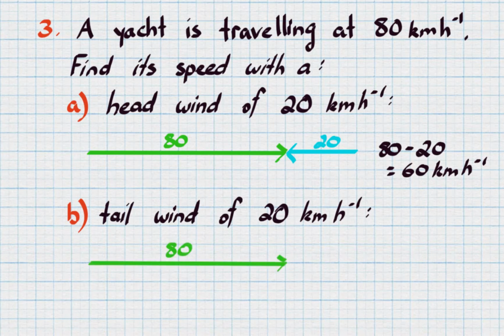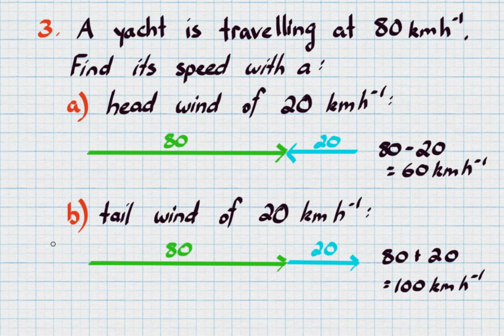So once again, here's our 80 kilometer per hour yacht vector, and then the wind vector is operating in the same direction, and so our overall resultant speed is going to be the 80 and the 20, which together gives us 100 kilometers per hour. Okay, so hopefully that helps us realize that we can find resultant velocities by adding or subtracting vectors.